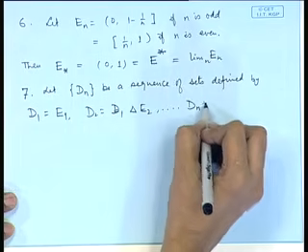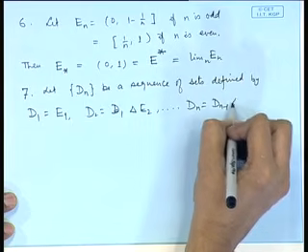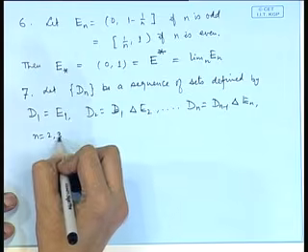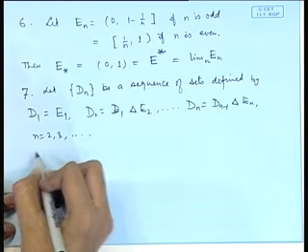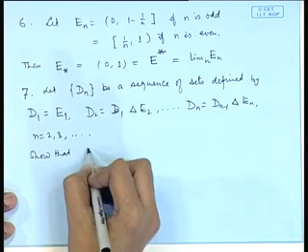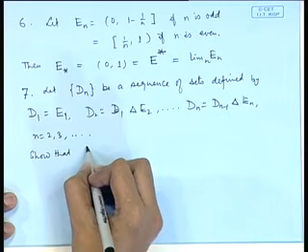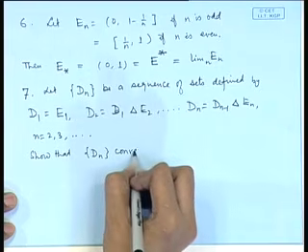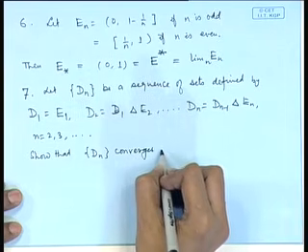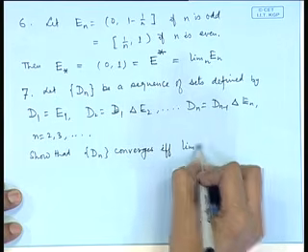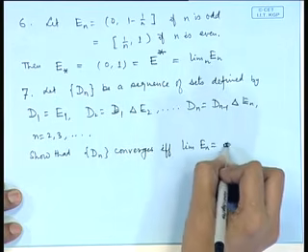In general, dn is equal to d(n minus 1) delta En for n is equal to 2, 3 and so on. Show that the limit of the sequence dn exists if and only if limit of the sequence En is equal to the empty set.